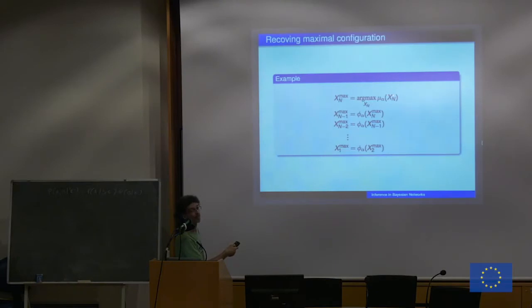And now once I have the last best configuration, I take the configuration message, plug the last best configuration, take the one but last best configuration, and I propagate until I reach the end, okay?